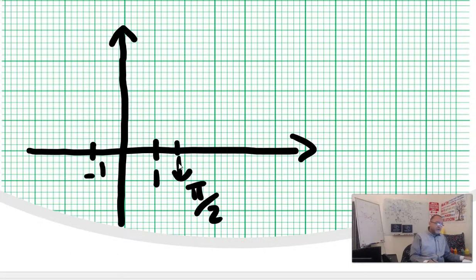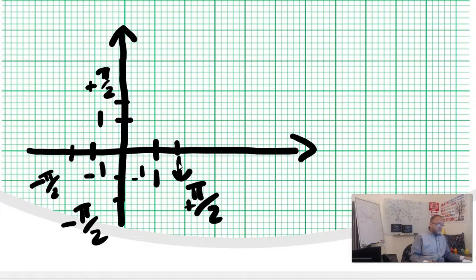For those of you who didn't understand why I put it here, this is your plus pi over 2, and this is my minus pi over 2. Now, this domain became what? It became the range. So now I have to also put it here. And this is the plus pi over 2, and this is the minus 1, and this is the minus pi over 2. This is your y equals x, okay?